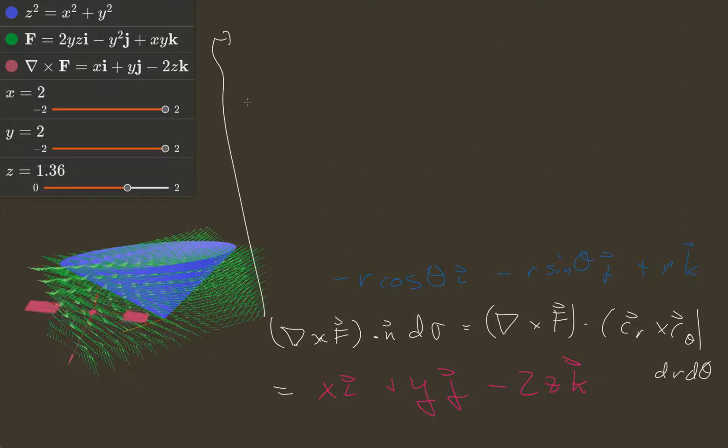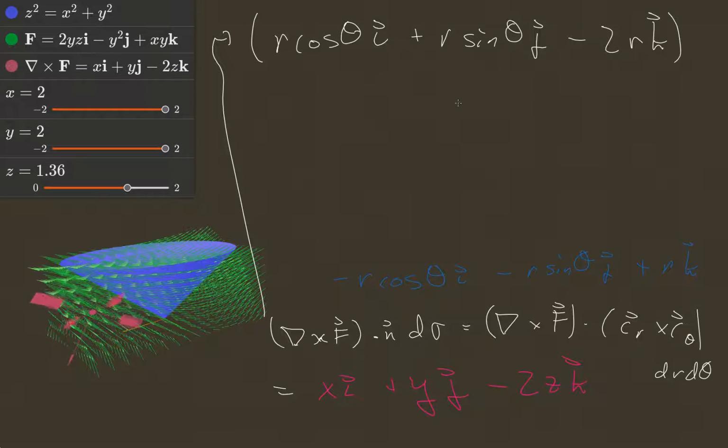Curl F is x, which is r cos theta i plus r sine theta j, and then minus 2z, so that'll be minus 2r k.